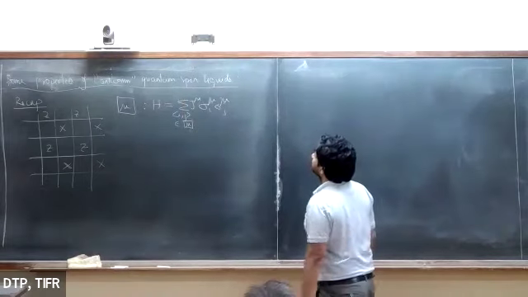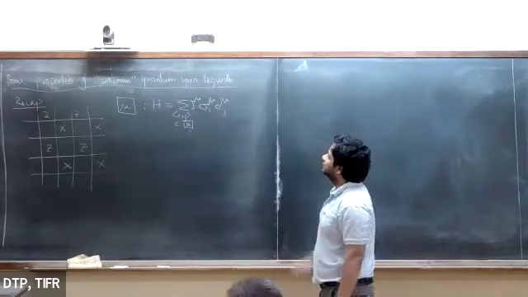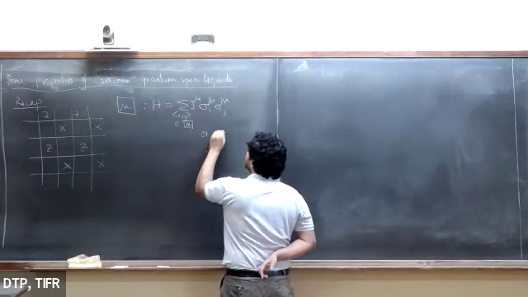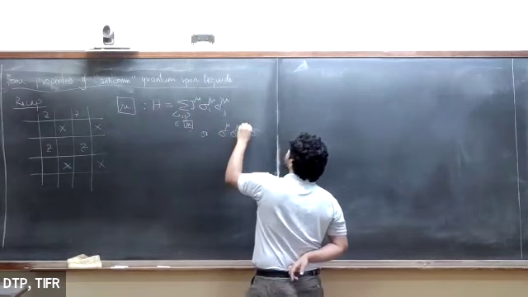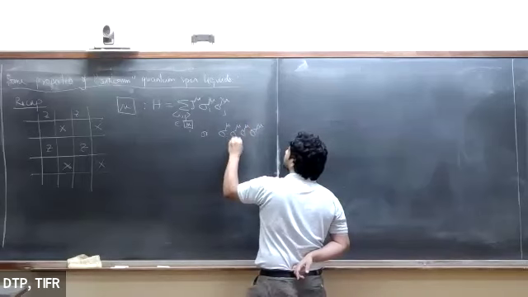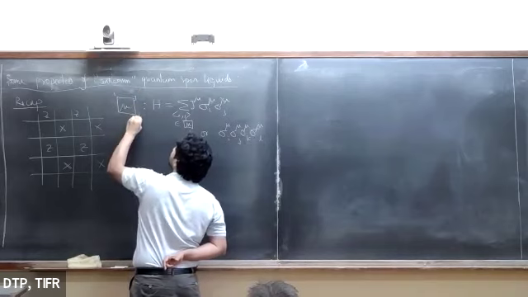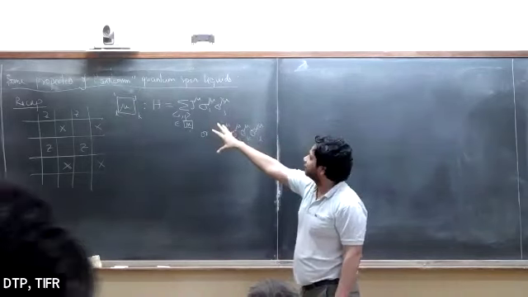Something like this. But it need not be this, but this is one classic example, or you could just have the product of the four mu's on the plaquette. Can do many more variations.